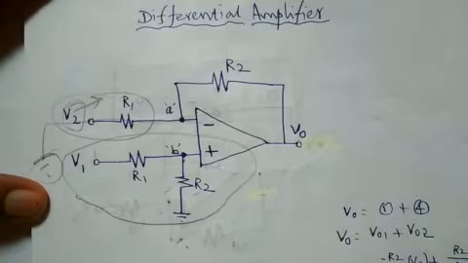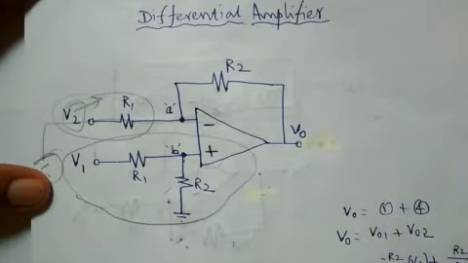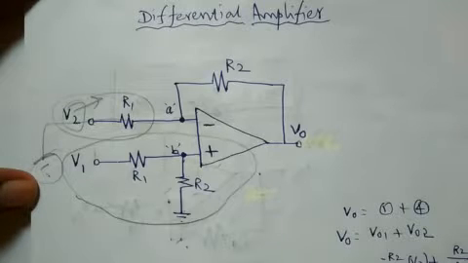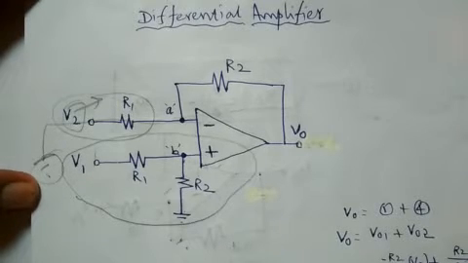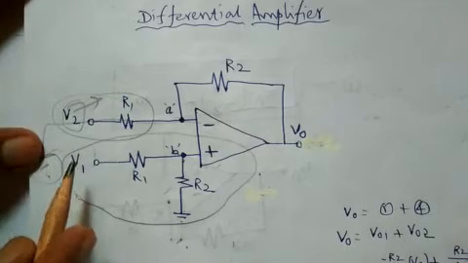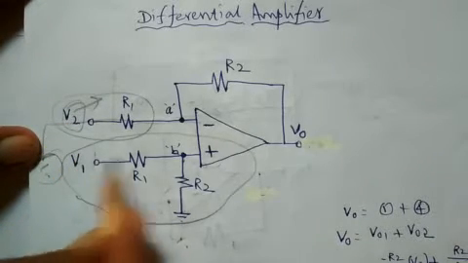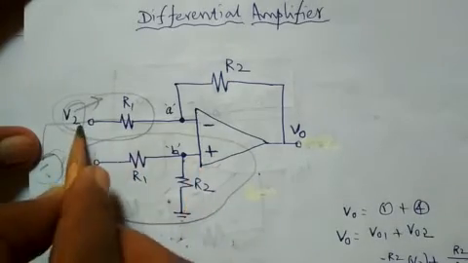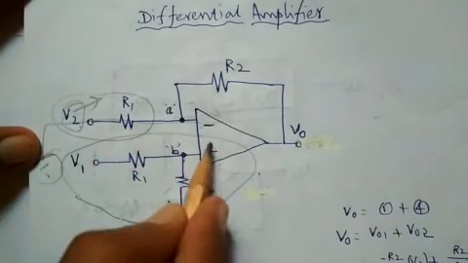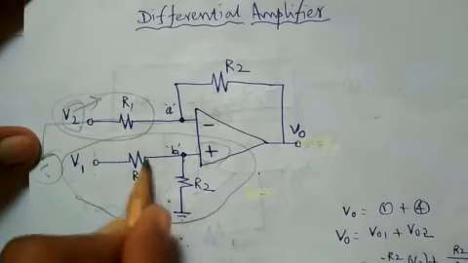After finding Vout1 and Vout2, we have to add both the outputs, that is Vout1 and Vout2. The addition of both the outputs will give the actual output of the differential amplifier, that is the amplified version of the difference between these two terminals: the potential applied at the plus terminal minus the potential applied at the minus terminal. The plus terminal is always the reference, so we start with the plus terminal.